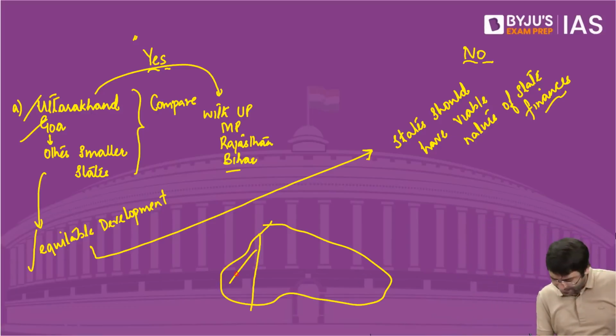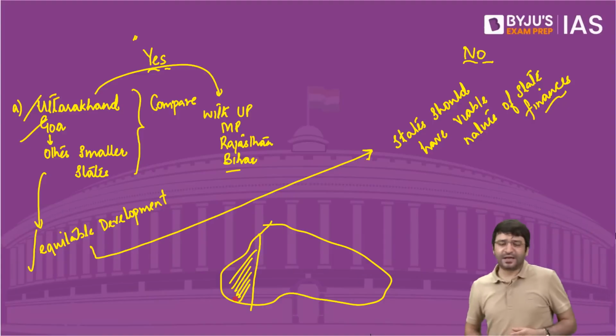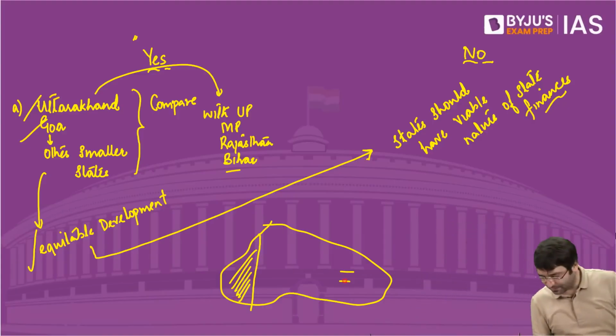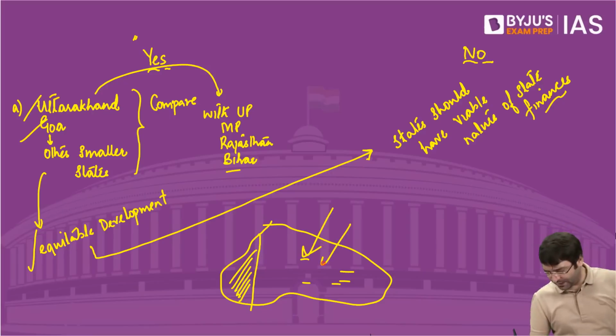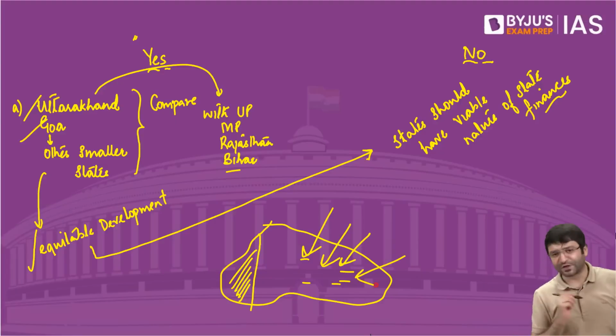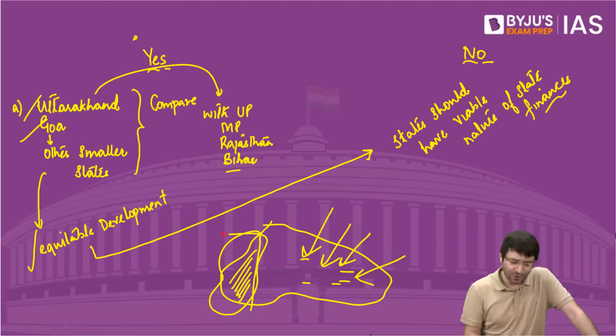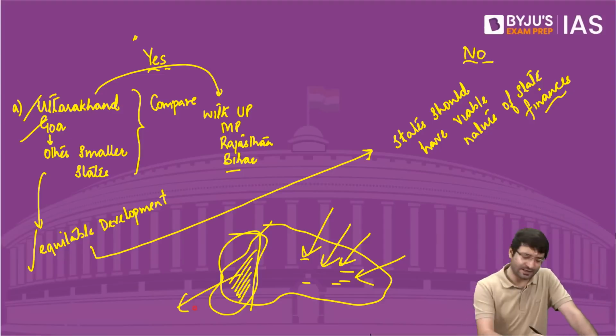This particular area of the state, the allegation is that we are being discriminated against by these people. So more and more resources are being spent here, more and more industries are being opened here, more and more jobs are being created here, more and more infrastructure is being created here, and this area has been discriminated against. What will this area demand? Demand a separate state.